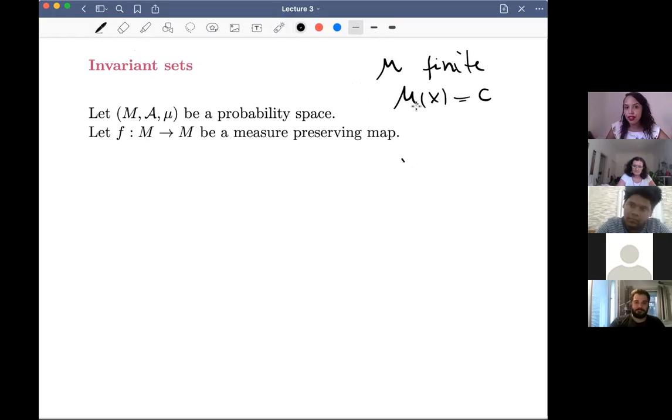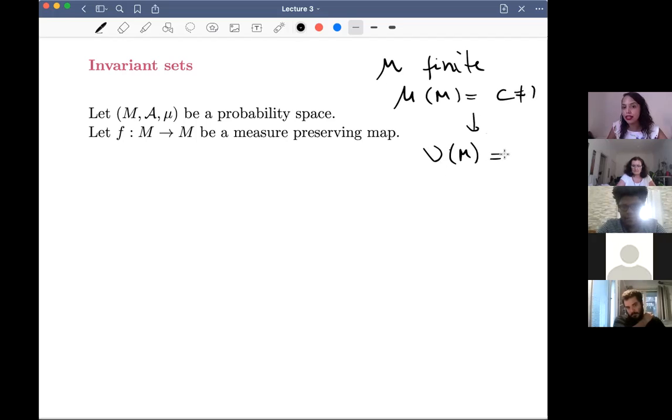You can always build another measure that is a probability. A probability is a measure that gives to the whole space, I'm calling it X, the measure 1. Suppose the measure of the whole space is C, different from 1. Then you can always build another measure mu, which is a probability, meaning that the measure of the whole space is 1. How do you do this? It's simple.